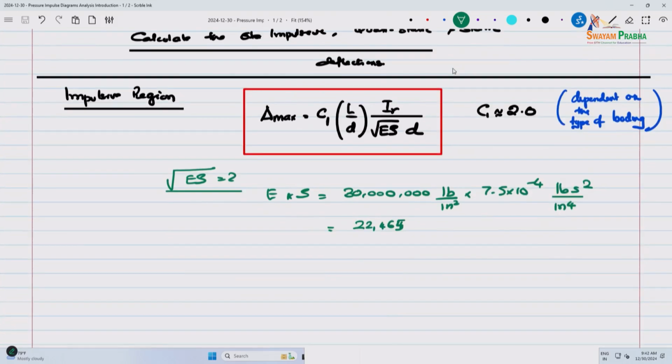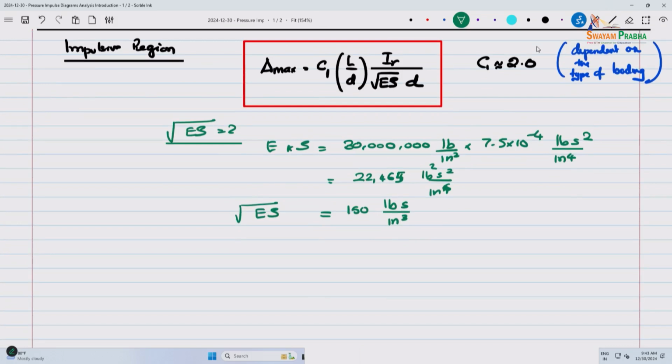So 22,465, this is pound second square by inches per 4. So now when I take the square root, this becomes 150, this is pound square, sorry, pound square second square by inches per 6. So this one reduces to pound second by inches per cube. So therefore now we have delta max is C1, L by D is 5 feet.